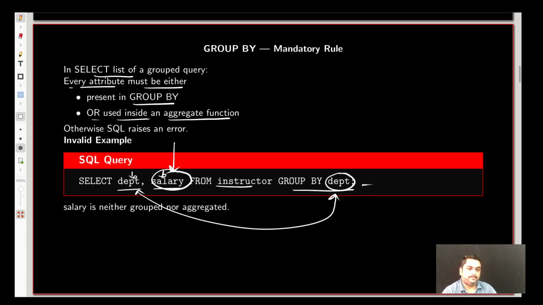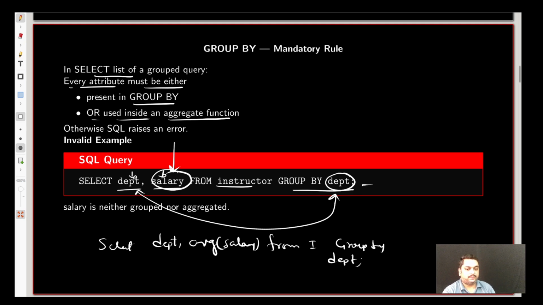You can modify it to SELECT department, AVG(salary) FROM instructor GROUP BY department. Then this is a valid query, since department and salary are each either part of GROUP BY or part of an aggregate.